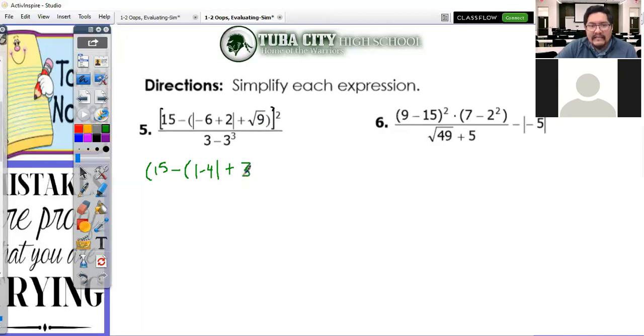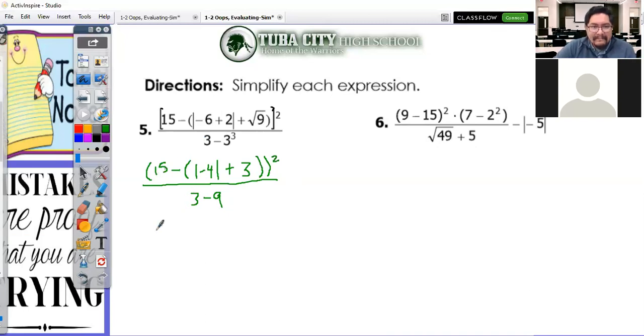And again, if you have a plus or a minus separating them, then it should be pretty easy to do. You can do them at the same time and they won't interfere with each other. 3, and then I'm going to take this 3 and square it, so that'd be 3 minus 9. There we go. Now we have to do all of the top and all of the bottom, and then see what we get at the end.